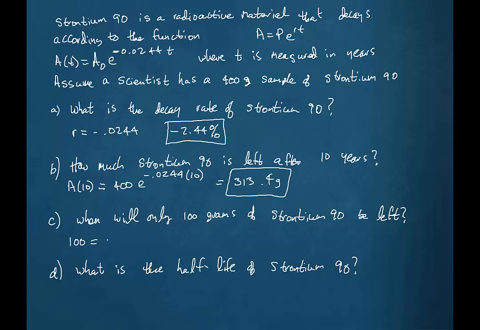That's going to be equal to 400 times e raised to the minus 0.0244t. So we have to solve for t, so we're going to need to use a log expression to do that. So let's rewrite that: 100 equals 400 times e raised to the minus 0.0244t.